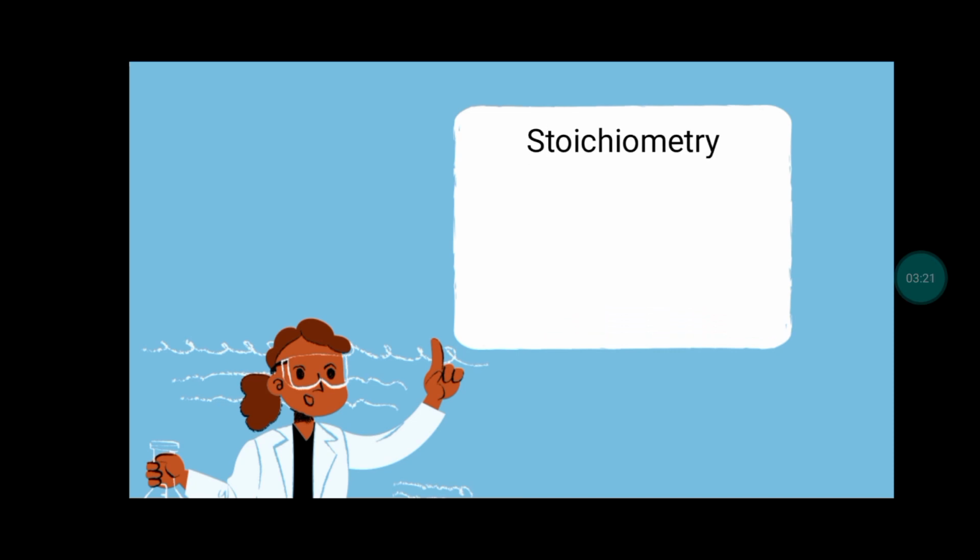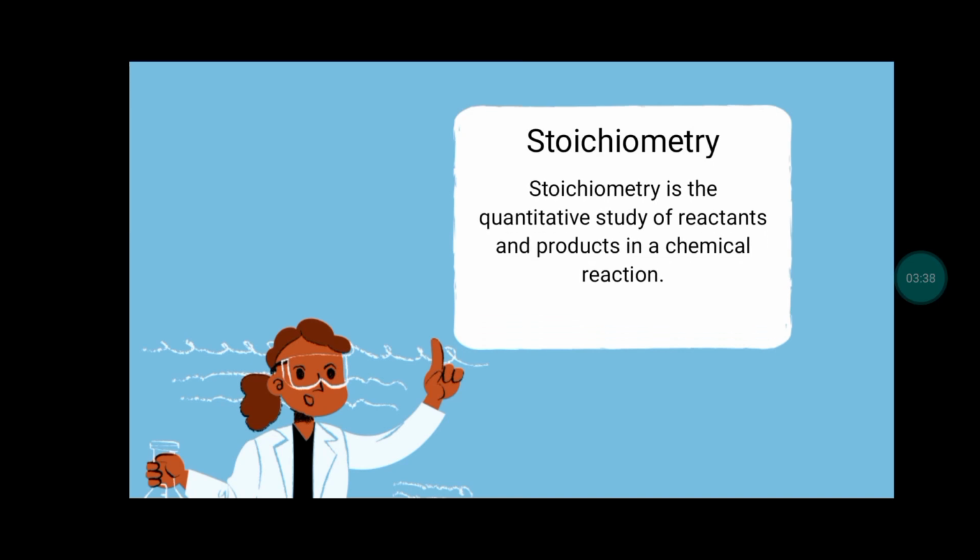Okay, so what is stoichiometry? Stoichiometry comes from the Greek words stoichion, which means element, and metron, which means to measure. So by definition, stoichiometry is the quantitative study of reactants and products in a chemical reaction.